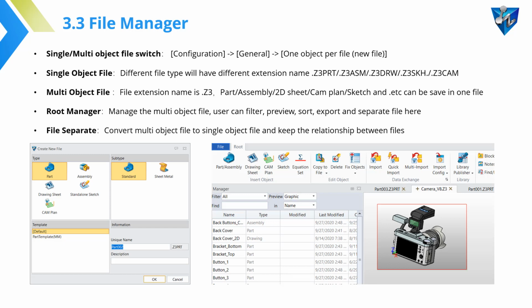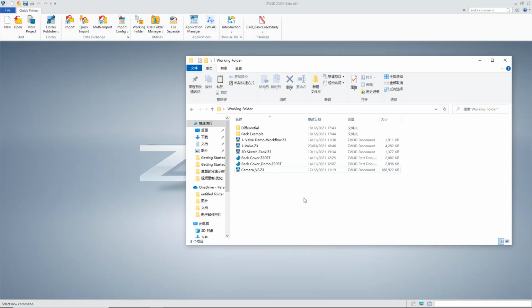And also, in the root manager, you can export or separate the file. In the multiple object mode, you can convert the multiple object to single object file and keep the relationship between the files. Let me take an example in ZW3D to introduce the file manager. And here we have the single object example and multiple object example.